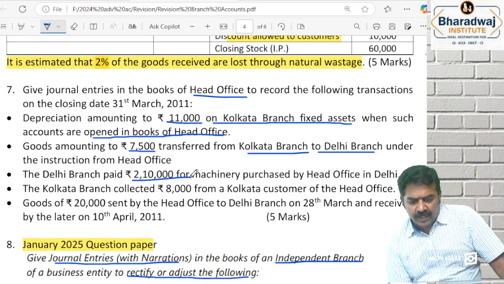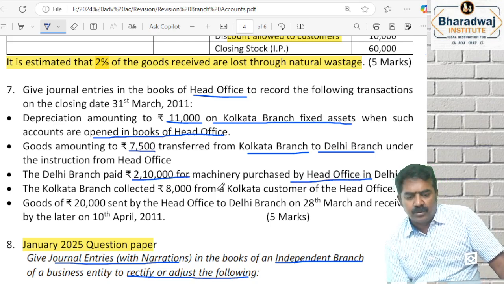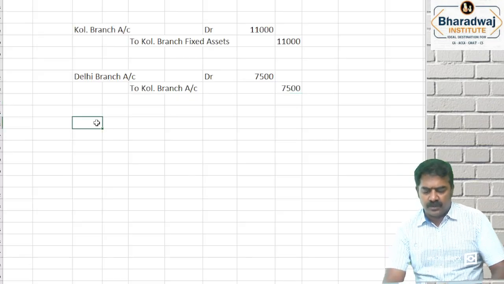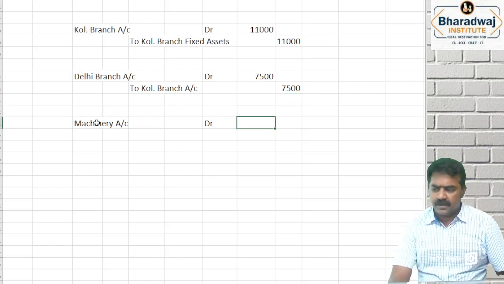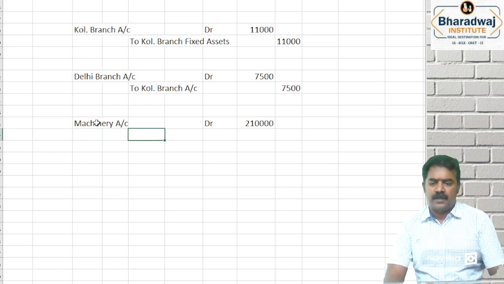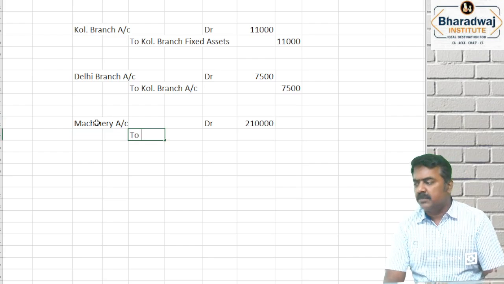Delhi branch paid 2,10,000 for the machinery purchased by head office in Delhi. Who is getting the asset? Head office is getting the asset, so debit what comes in. Machinery account debit. How much? 2,10,000. Is it paid by us? If it is paid by us, you will put bank account. It is paid by whom? Delhi.